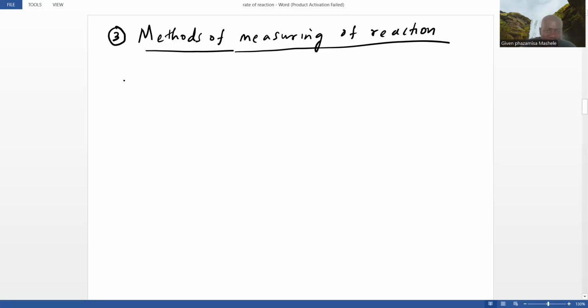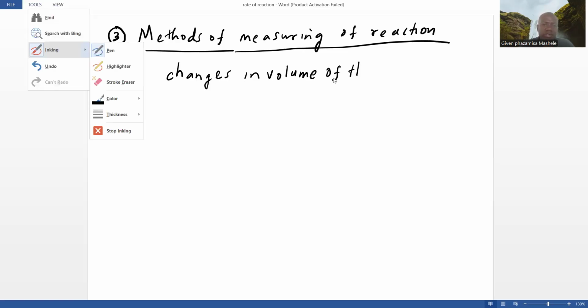Number 1, the rate of reaction can be measured by looking at the changes in volume of the products. Let me just say changes in volume of produced gas.